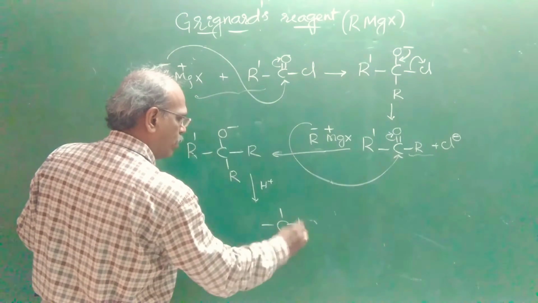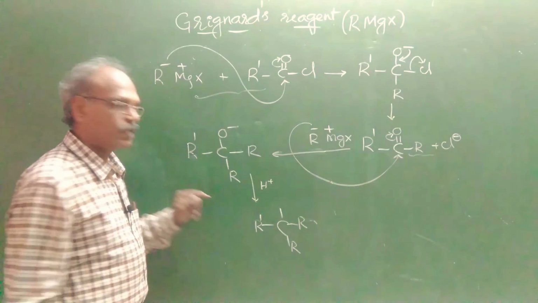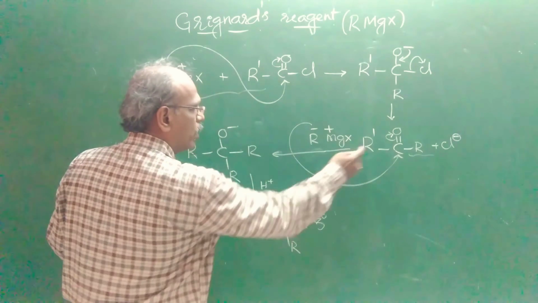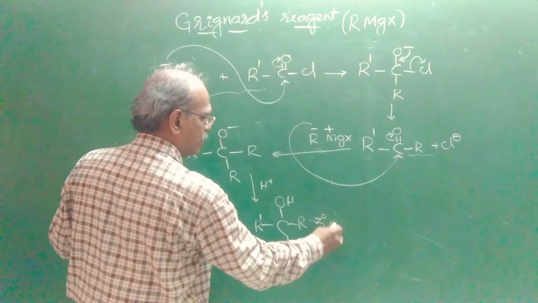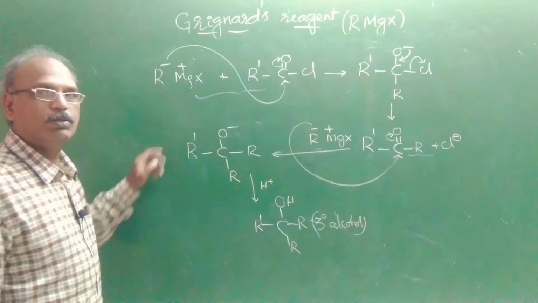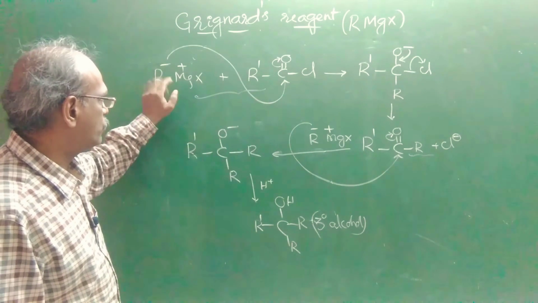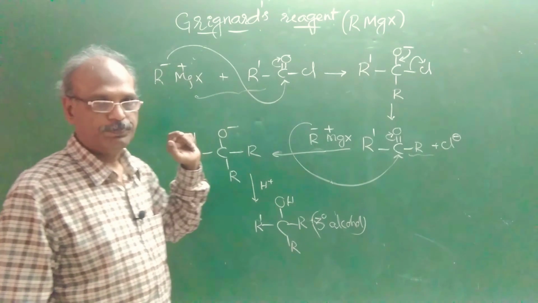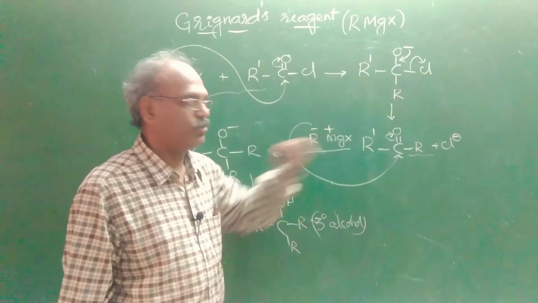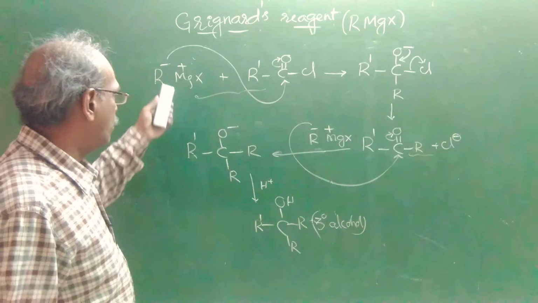C R dash R, and this becomes OH, a 3 degree alcohol. Ketone plus RMgX, a 3 degree alcohol is the final product. So how many moles of Grignard's reagent are used in total? Here 1, here 1. If only 1 mole of reagent is available, the reaction stops at this stage. So that is the behavior of RMgX.